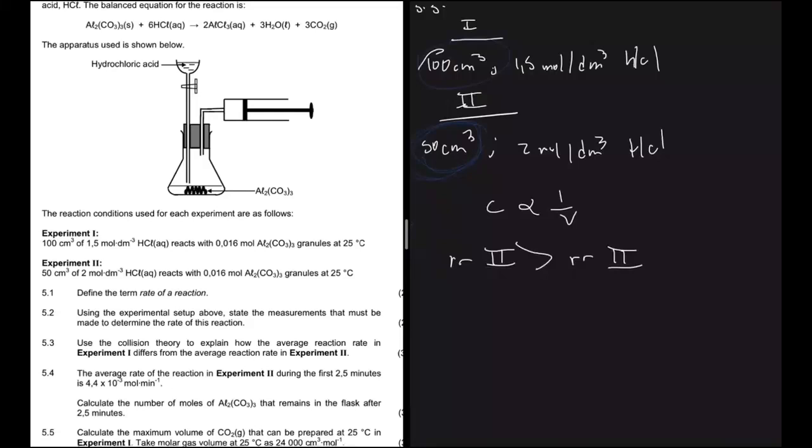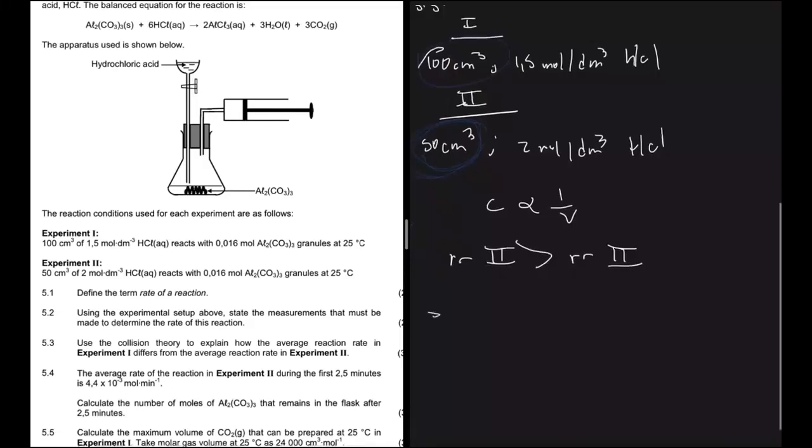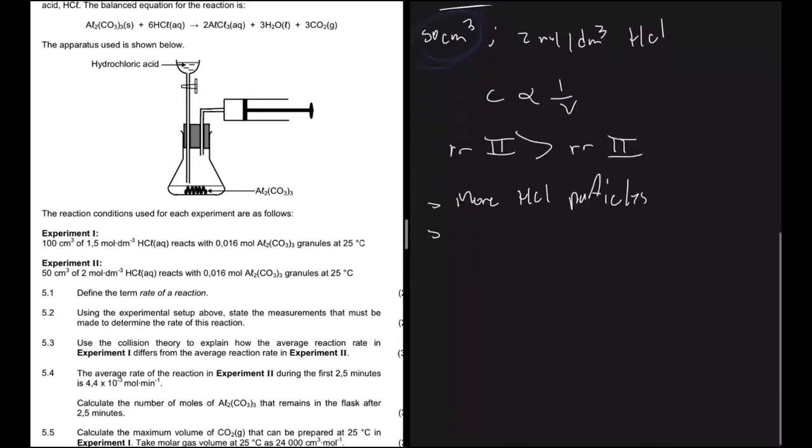So to put it nicely, the first point you'd say is that there will be more HCl particles because the concentration is higher. And then what do more particles give us? More particles give us more effective collisions, right?